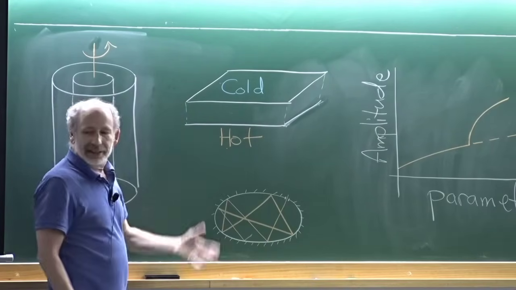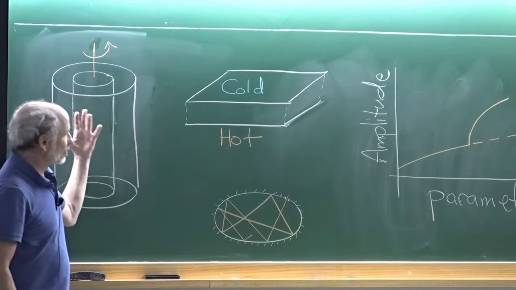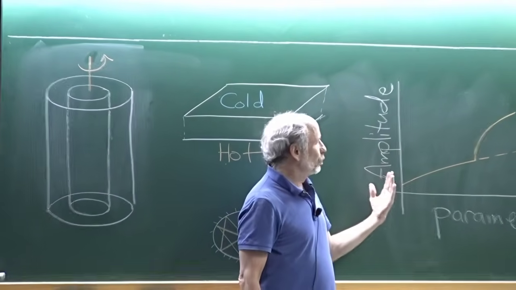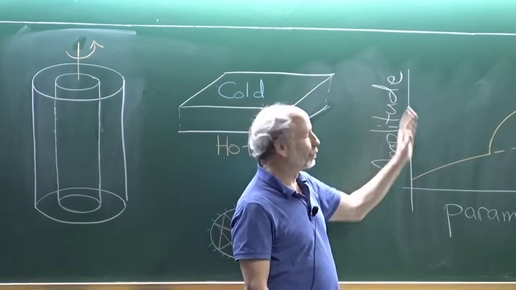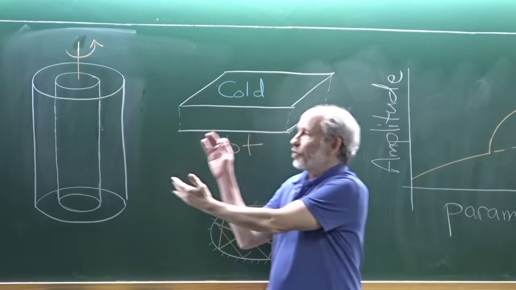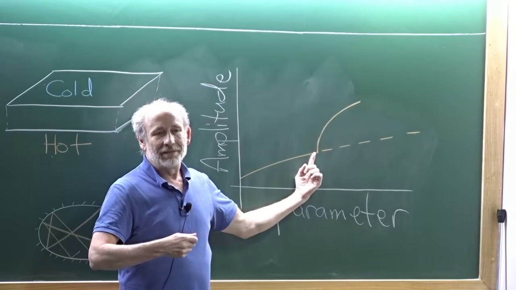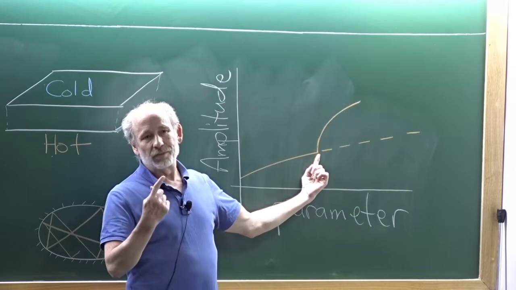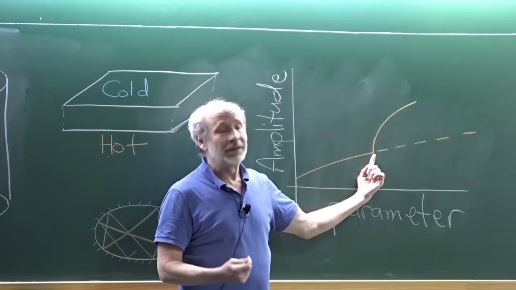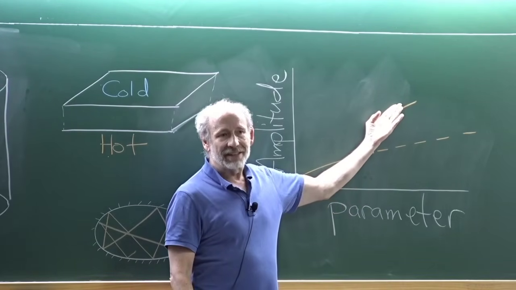In the simplest case, at least in most parameter regimes, not in all, this works because as you adjust the parameter, you have some amplitude. I'm just trying to distinguish different states here. I have some control parameter, temperature difference or speed of the inner cylinder. I can find a place where I can do a linear expansion, and I can find an instability, a transition point, and I can often do it with paper and pencil. Then I can do some weakly nonlinear theory and understand what comes out of that bifurcation.